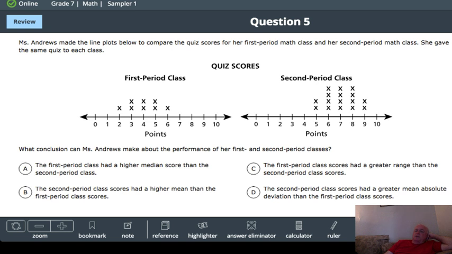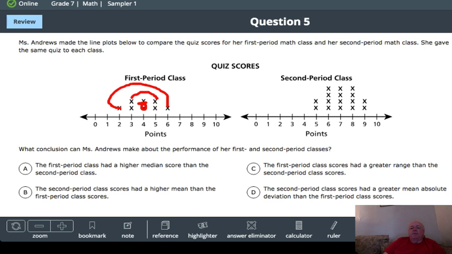So if we line it up as 2, 3, 3, 4, 4, 5, 5, 6, and go back and forth, crossing them off, these two match with this, and the middle would be between these, which gives us a 4 on both of them. So we get the median between 4 and 4, so the first class median is 4.